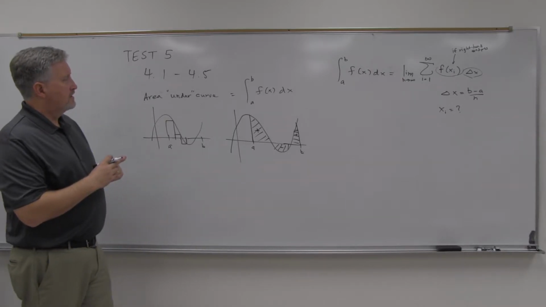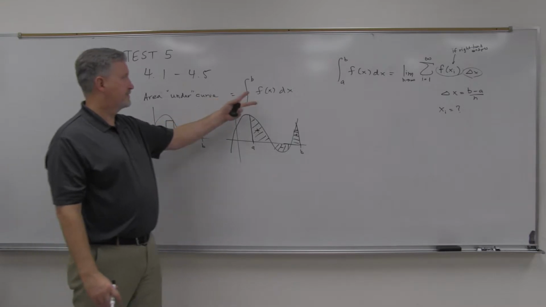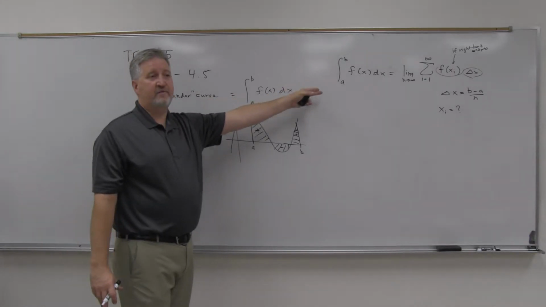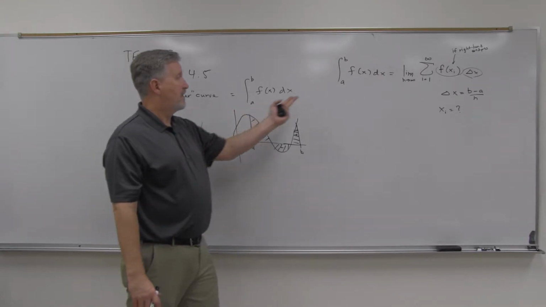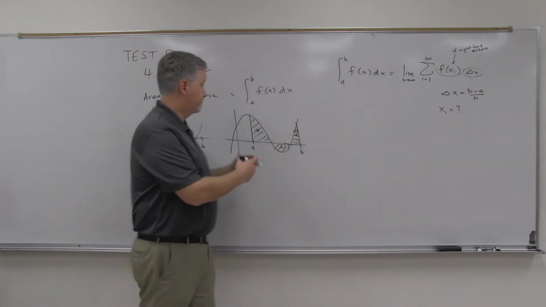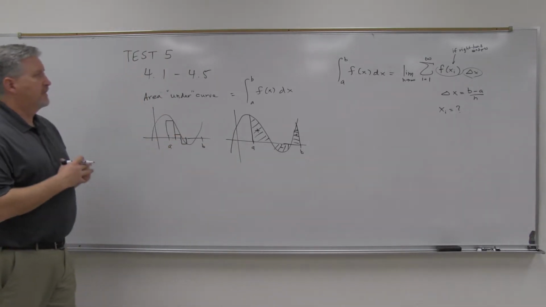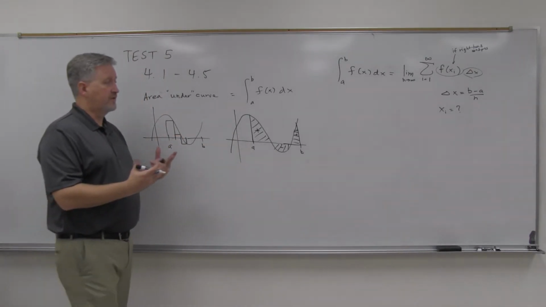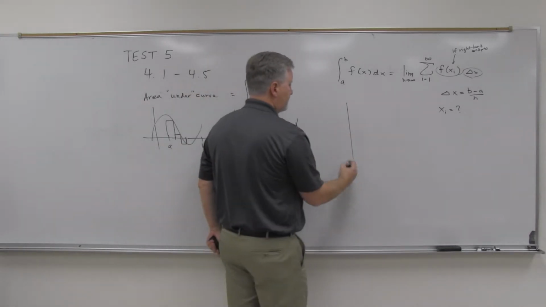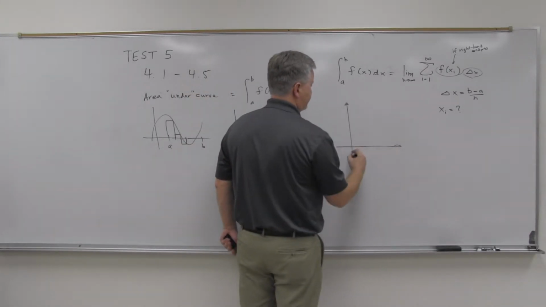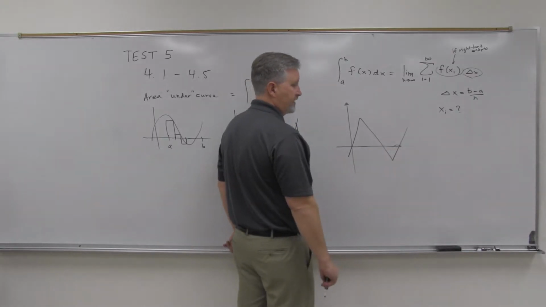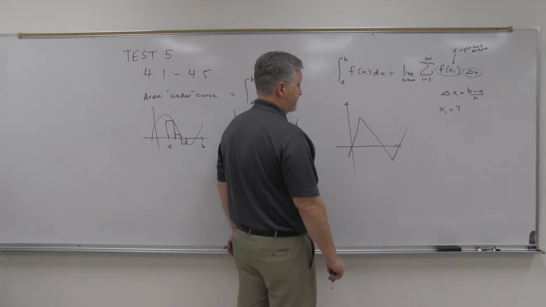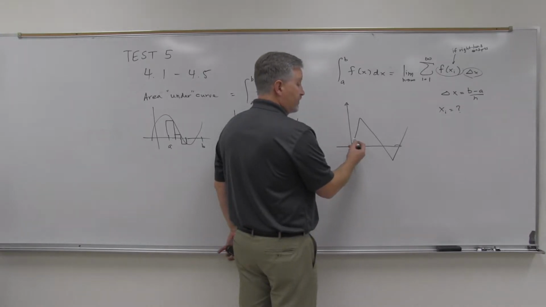We did the same thing with integrals that we did with these areas under the curve: we approximated integrals using rectangles. If we've got a function that's made of straight lines, we don't have to approximate it, because all we have to do is calculate the area.